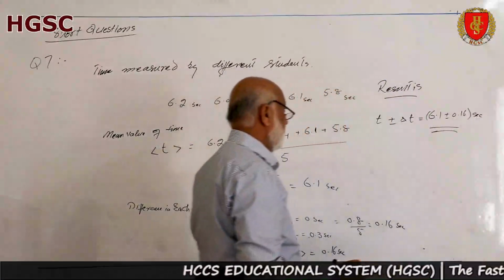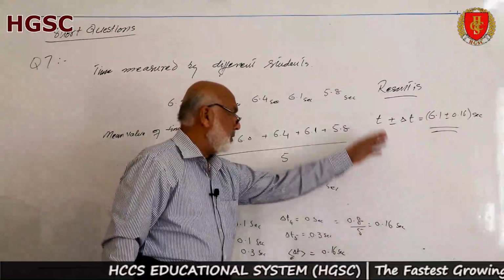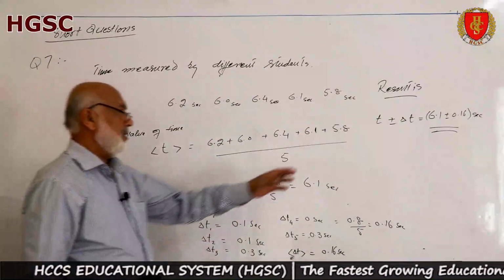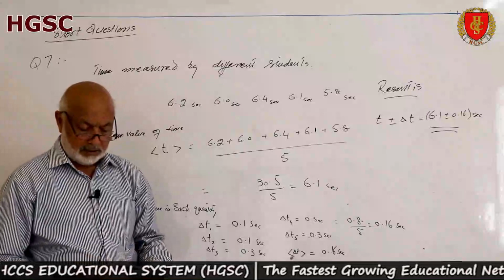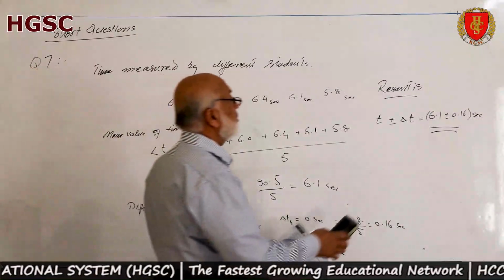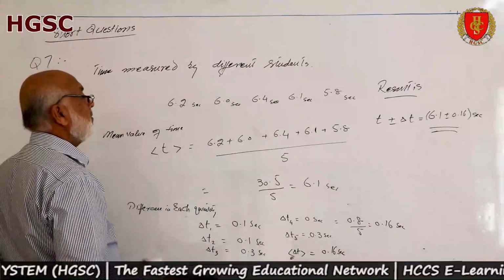This is the way we have determined the uncertainties, the mean, and then we write the result in this form: T plus minus delta T is equal to 6.1, not 16, this is 6.1, plus minus 0.16.